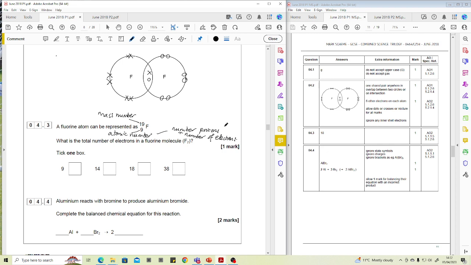But we can also check it from above here as well. So we've got 2, 4, 6, 8, 10, 12, 14. Is that enough? No, because that's only the outer shells. So we should do 9 plus 9. Okay, 18.